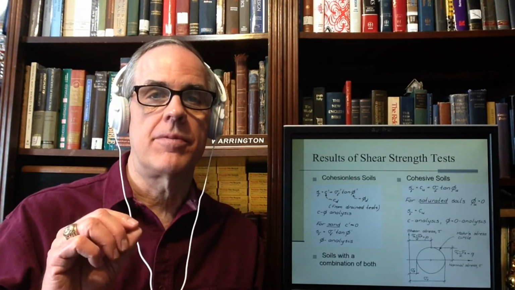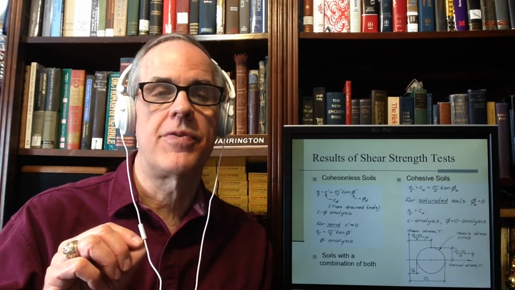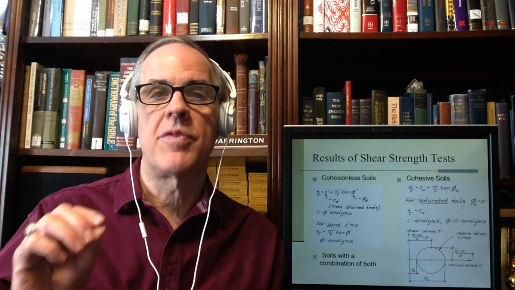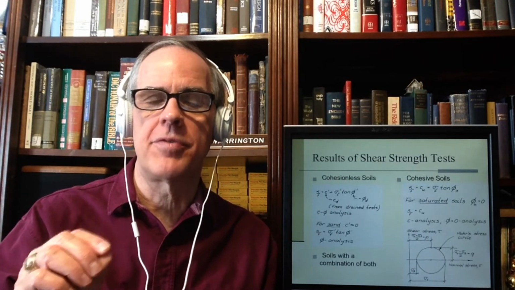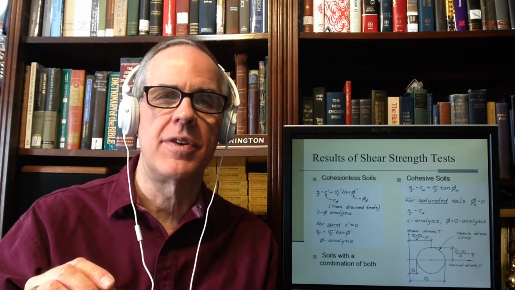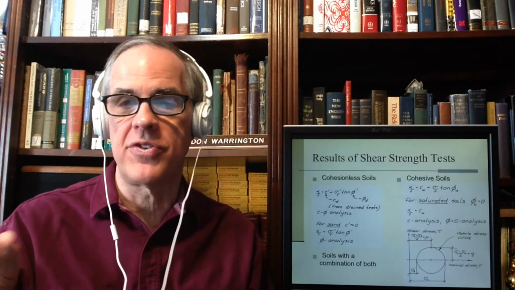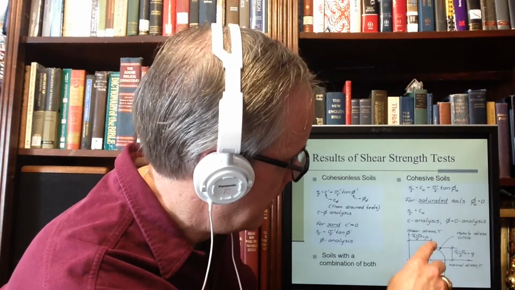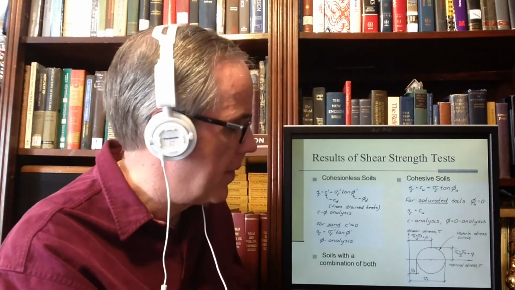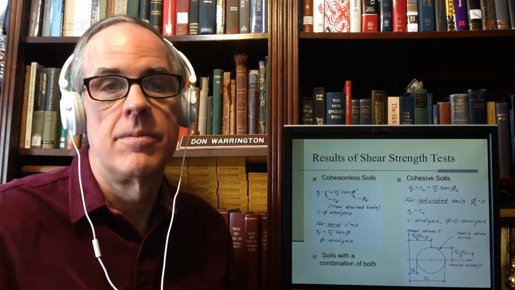In theory, and this is particularly true with unconfined tests, for a purely cohesive soil, Mohr-Coulomb theory tells me that no matter what the confining stress is, the shear stress, or the cohesion, the C value, this one right here, is the same.